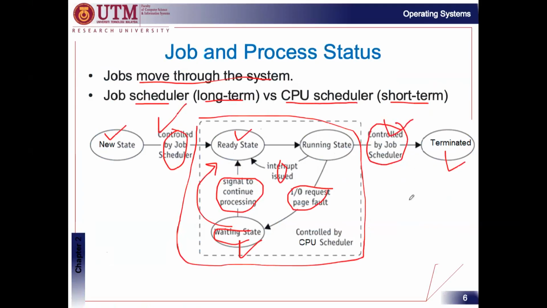And then we have a very short one, which is the CPU scheduler. All right. So this is from new state to the final state, which is terminated. Okay, so they need to have these two schedulers, long term and also short term. This is the diagram. All right.